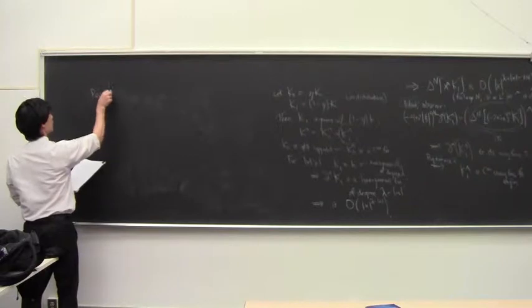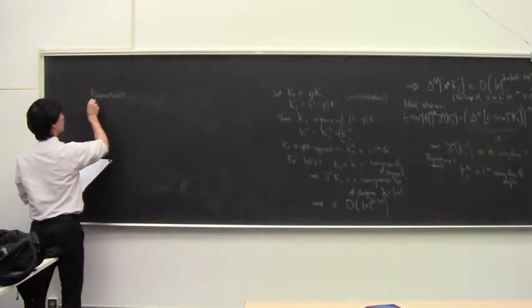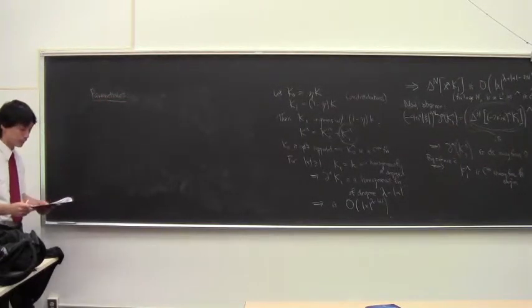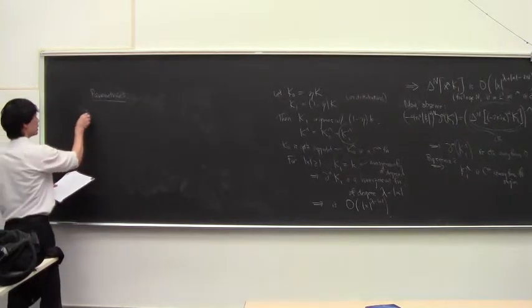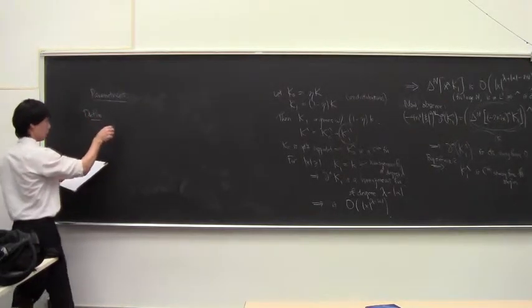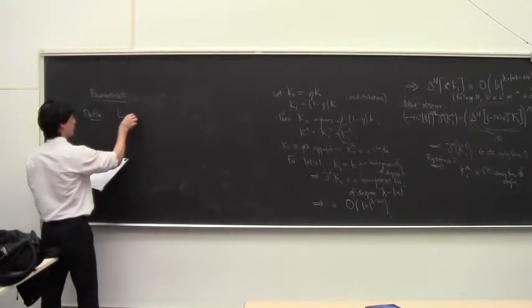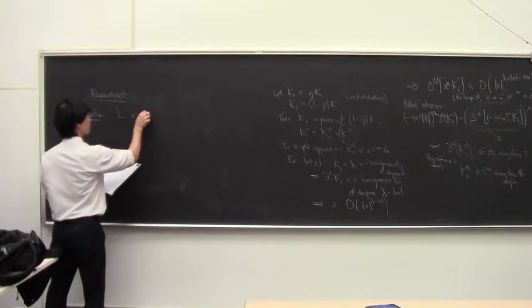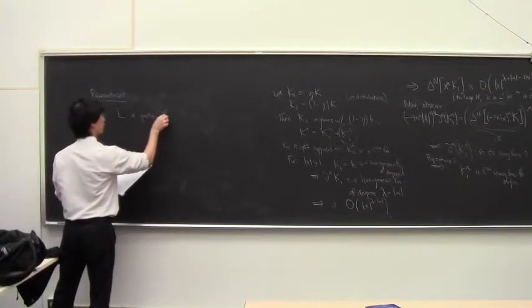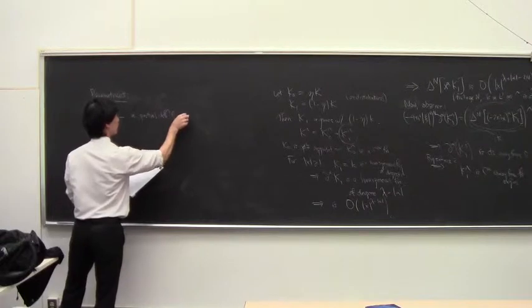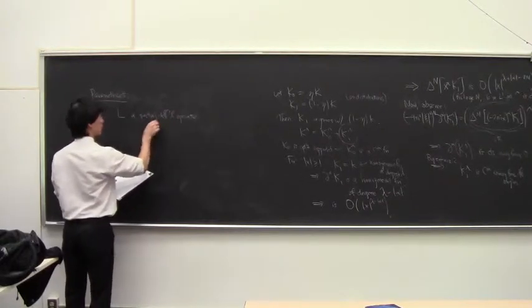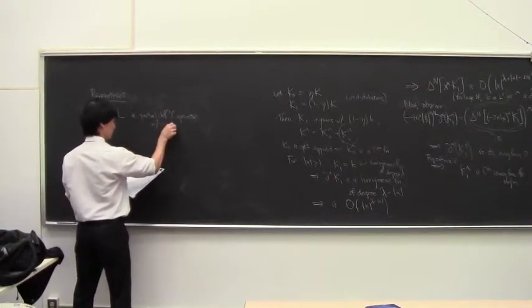We're going to talk about parametrices. So here's the definition. You have a partial differential operator with constant coefficients.